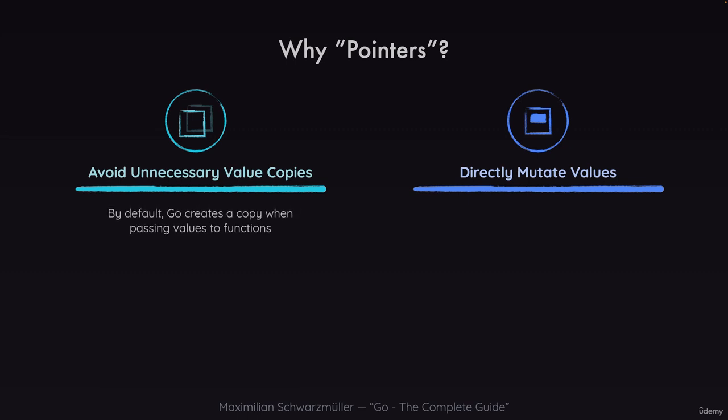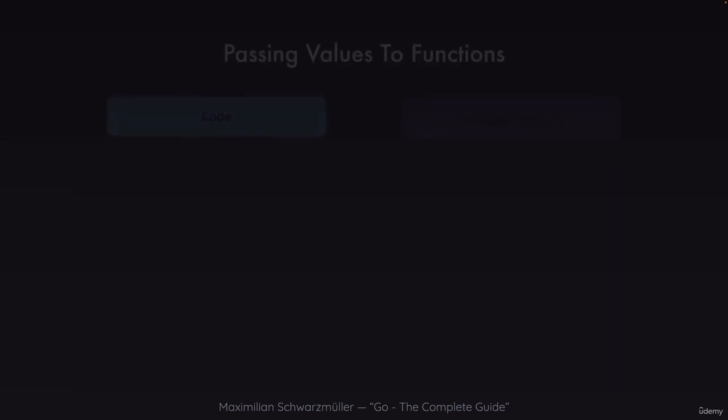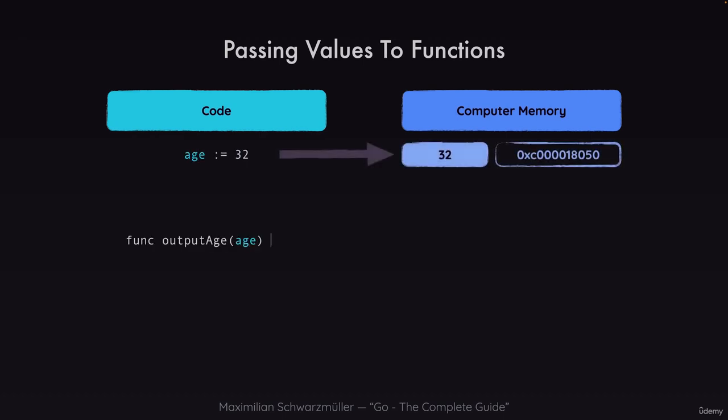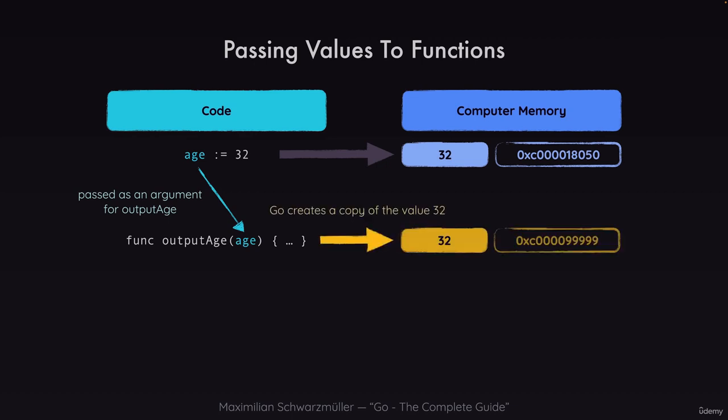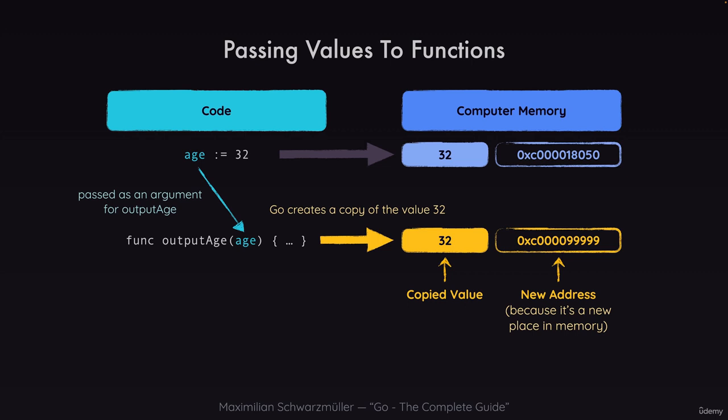By default, in Go programs, when you pass a variable to a function so that that function can work with that value, Go creates a copy of the value of that variable in memory and passes that copy to that function.